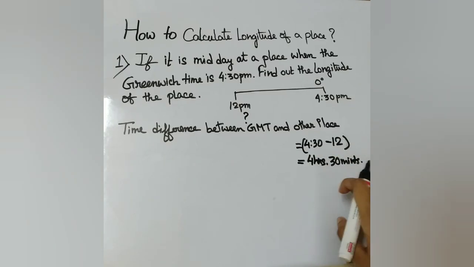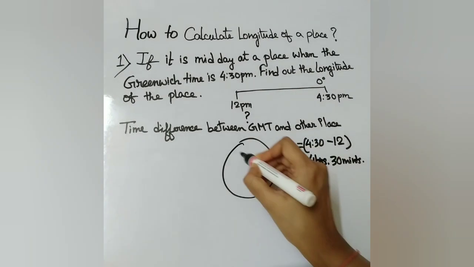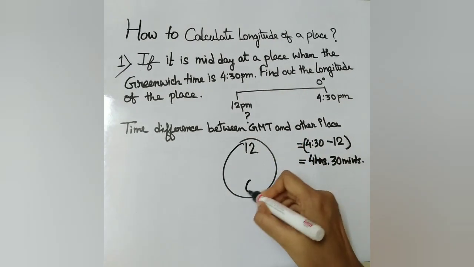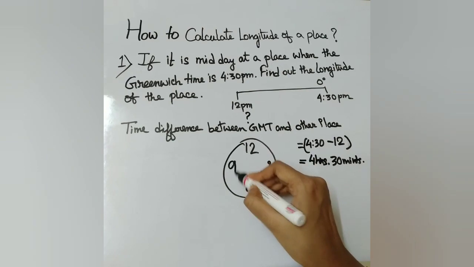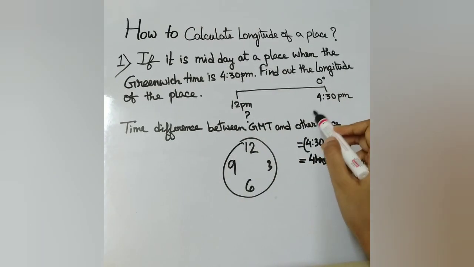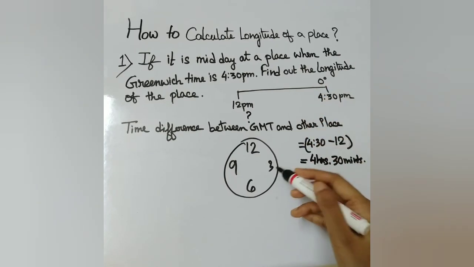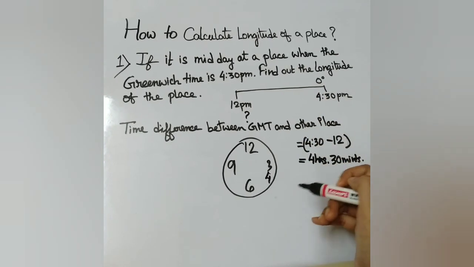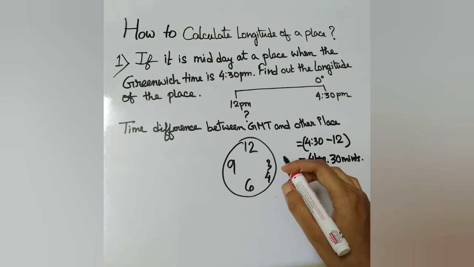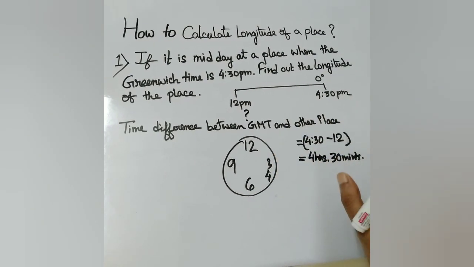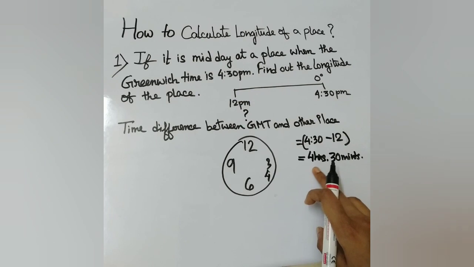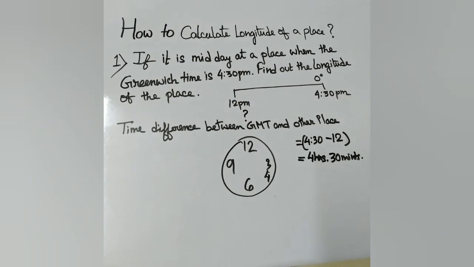How to calculate this subtraction? Like this: if it is 12, it is 6, it is 3, it is 9. 12 p.m. to 4:30 p.m. means 1, 2, 3, 4. That means here is the 4 and the 30 minutes. Normal calculation: if you see your clock, you can calculate and get your answer. The answer is 4 hours 30 minutes.